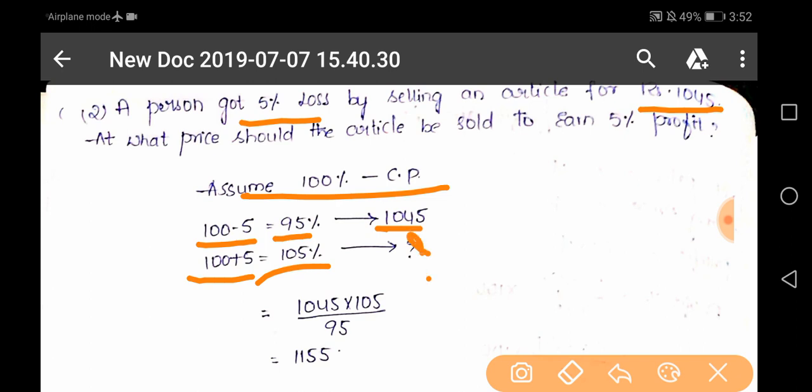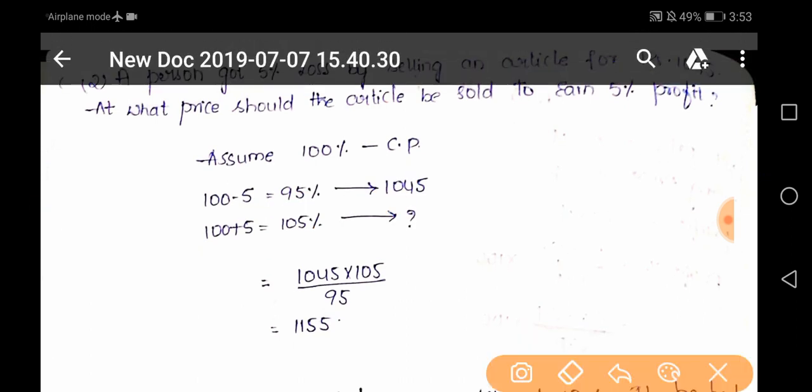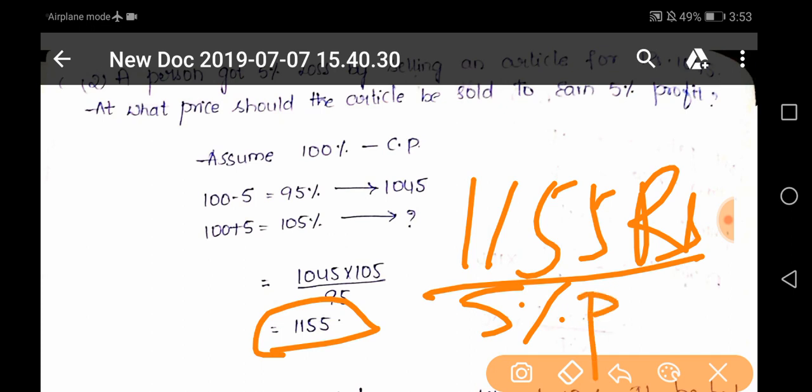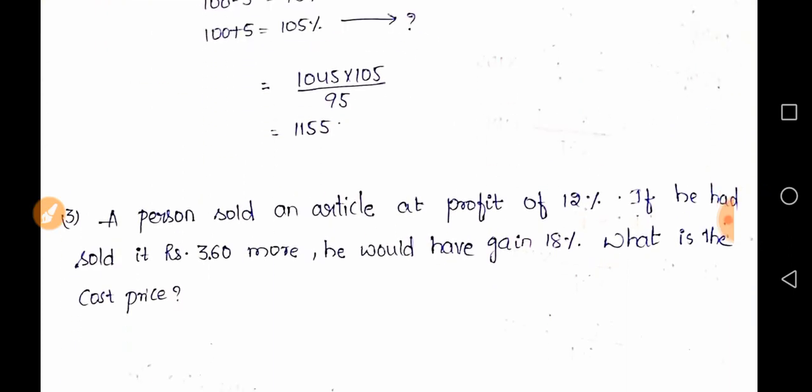So 105 how much? Just crisscross multiply 1045 into 105 by 95. It is nothing but 1155. So if he sold the same article for 1155 rupees, then he gets 5% profit on his article, okay.